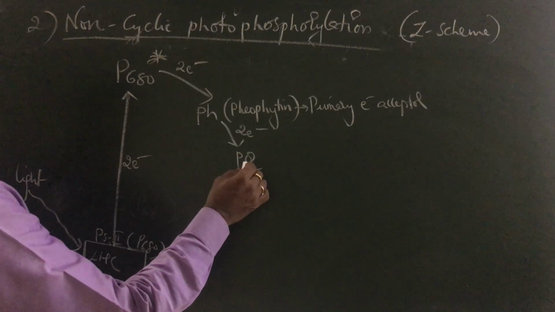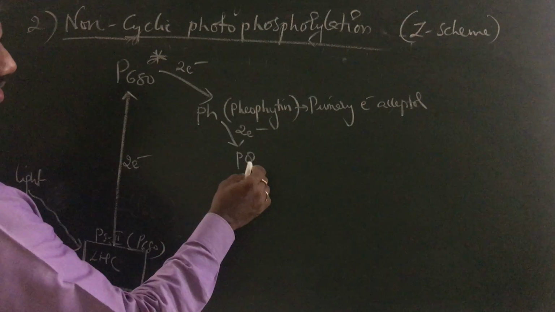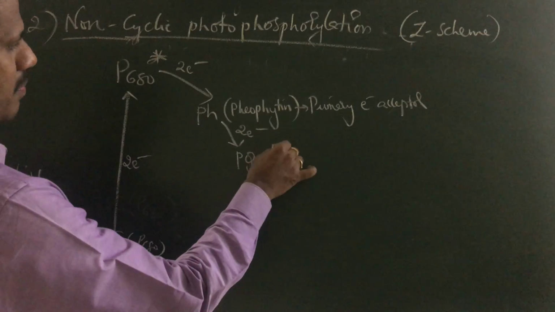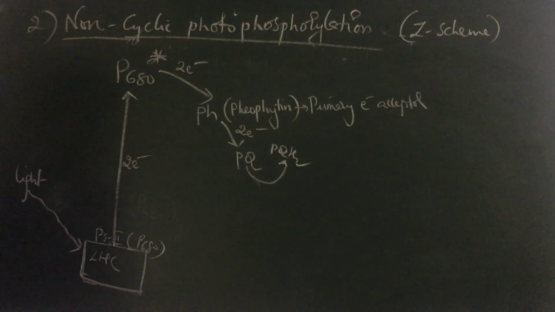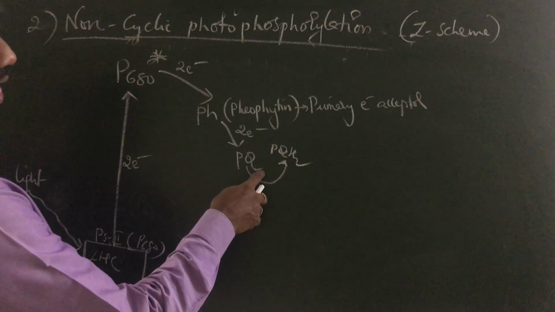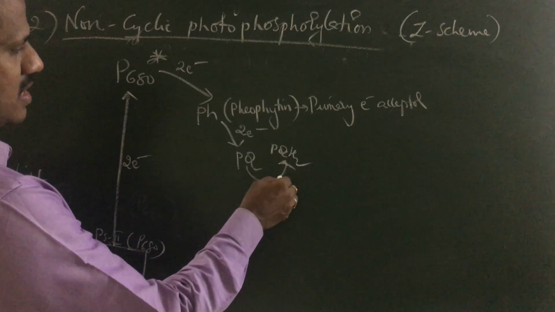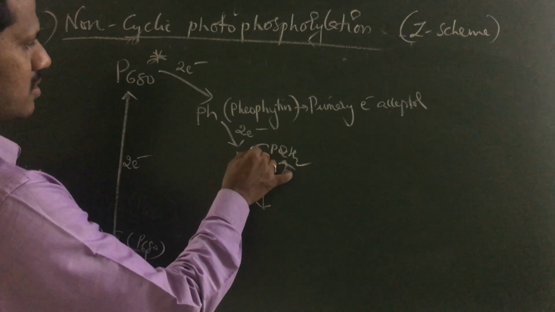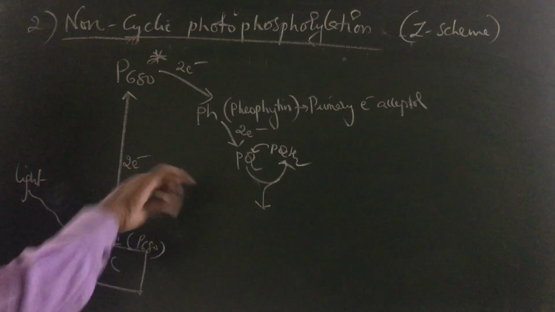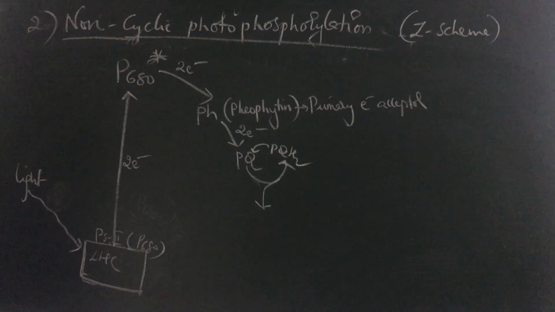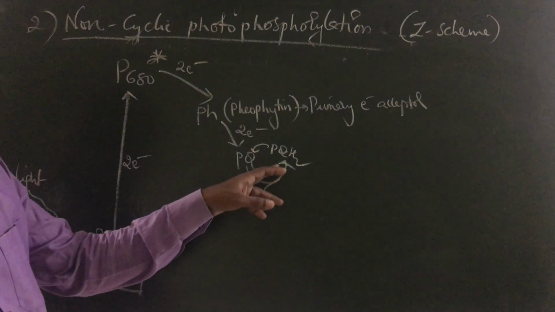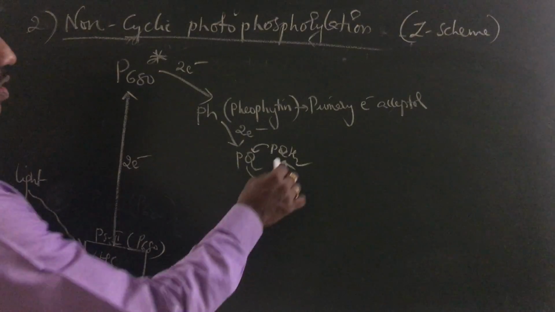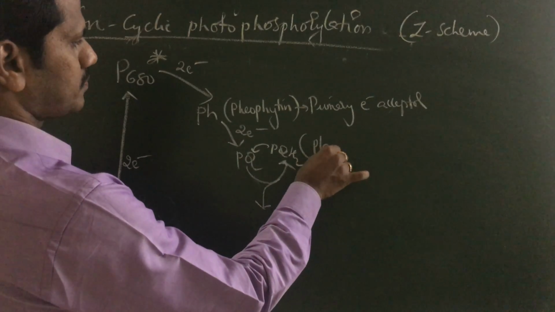Next, when it accepts electrons, it becomes PQH2. It is reduced to PQH2, plastoquinol, quinone to quinol. Again, when it loses its electrons, it becomes plastoquinone. So this is one quinone cycle. When it accepts electrons, quinone becomes quinol, plastoquinol.